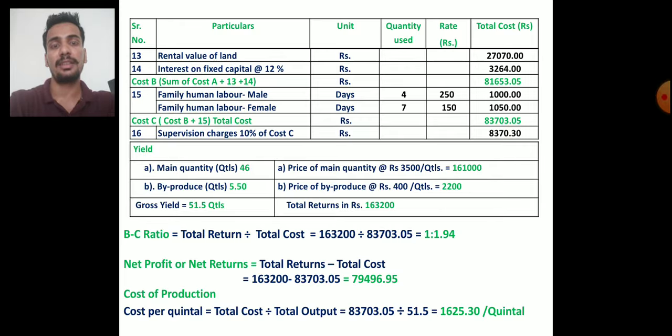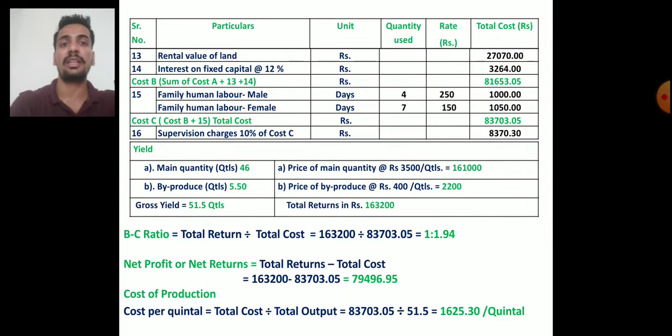By produce is the output of the same harvesting. In the case of soybean, it may be soybean husk, okay, it is a byproduct of that harvesting process. So while calculating rental value of land, we have to take the 1/6 value of gross produce, means value of main produce plus value of byproduce, it will be your total gross produce.